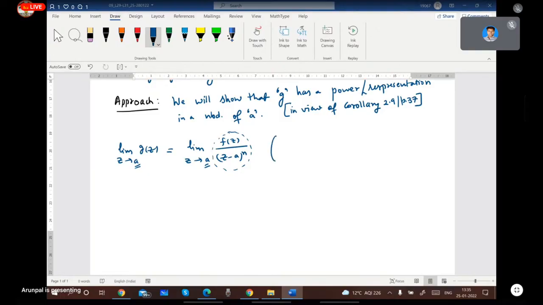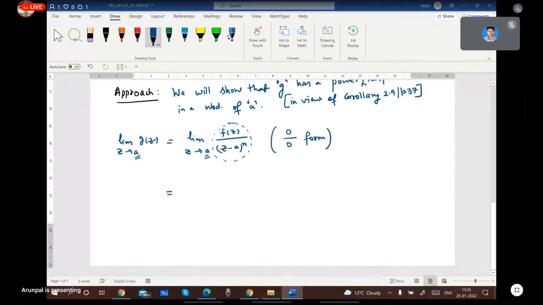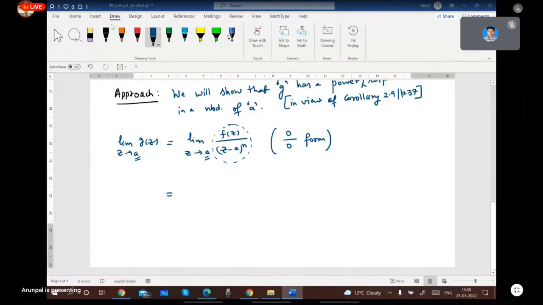And now, class, you can see that this is certainly 0 by 0 form. Yes or no? If you put z is equal to a in the numerator and denominator, it will be 0 by 0 form, right, class? Yes, sir. So what you can do is, the L'Hopital rule can be applied for complex valued functions also.